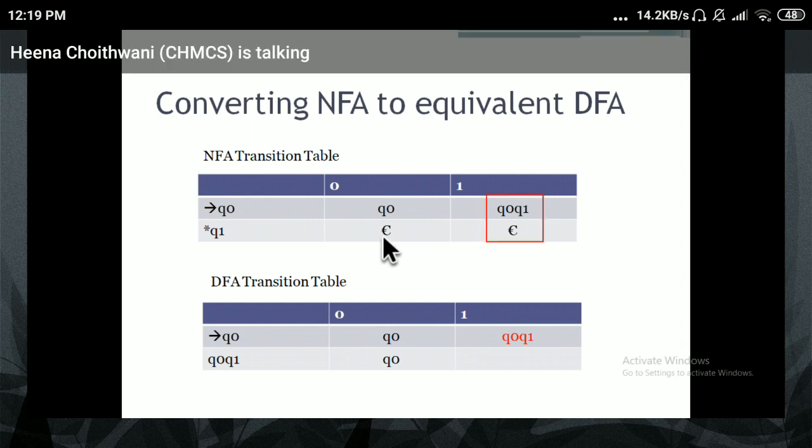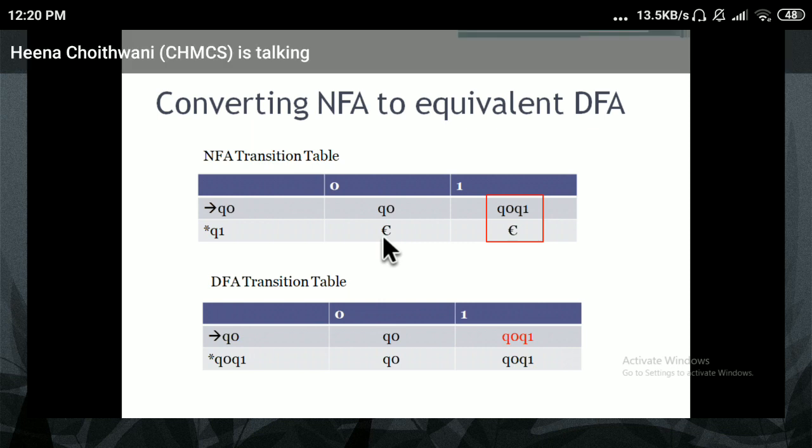Okay, so we'll take the union of this part. So it will move to Q0, Q1, right? Check, Q0, Q1 has a state Q1, which is our final state, right? So we have to make this newly constructed state a final state also, right?